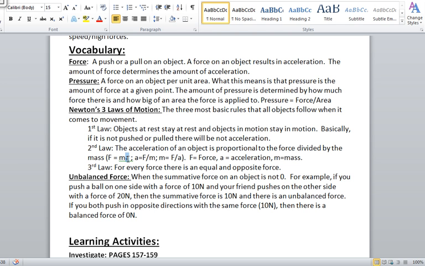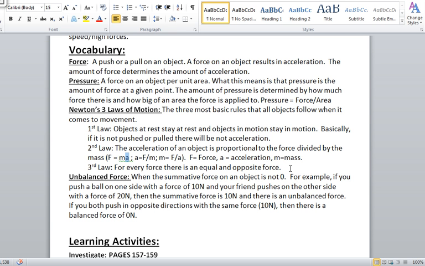Acceleration is also directly related to the force. The greater you push something, or the more force you use, the faster it goes. That's common sense, things that we have seen. We're just simply putting an equation to it. So these are all in the equation: force, acceleration, and mass.